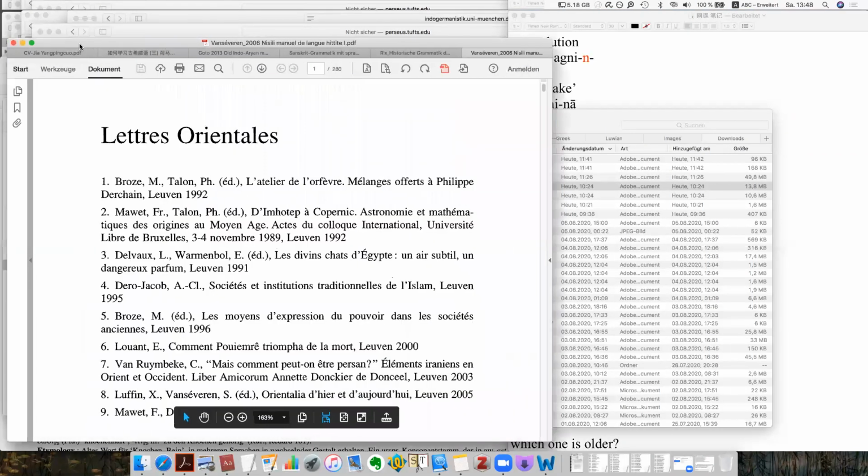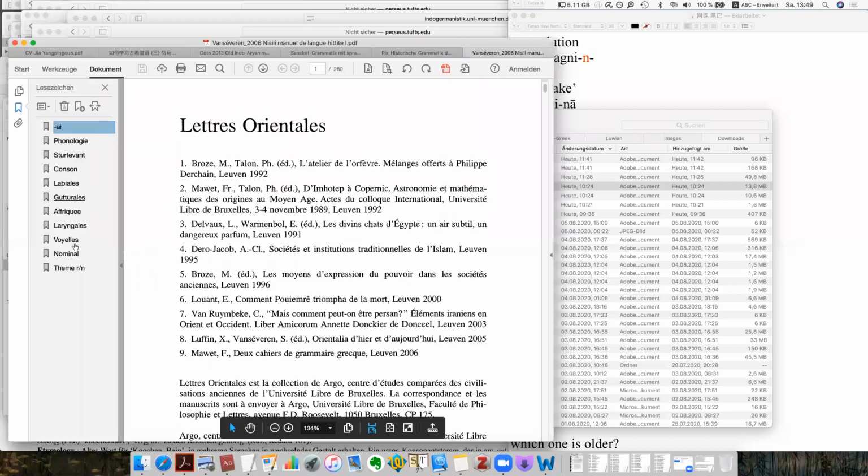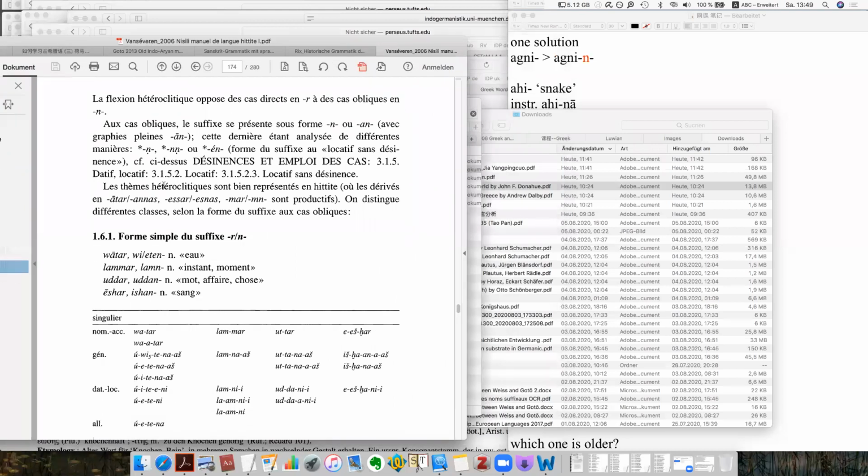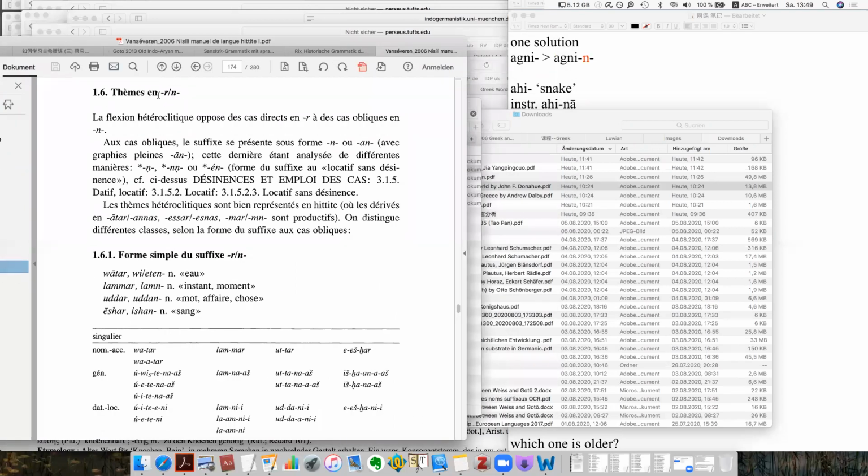So we check the Hittite. In Hittite, this is a very productive group of nouns, and it's called heteroclitic. Why do we call it heteroclitic, different stems?